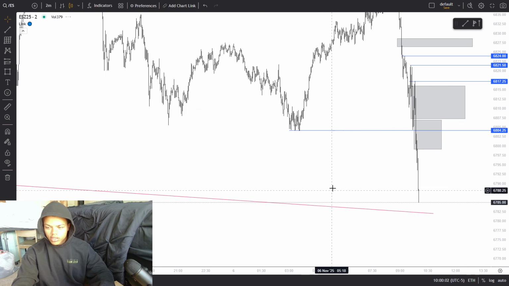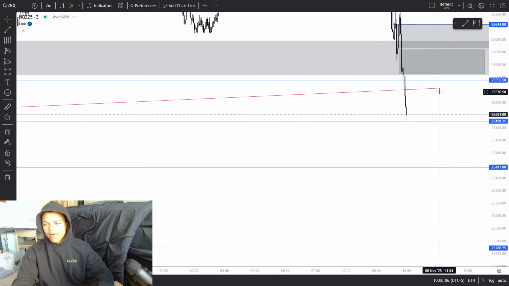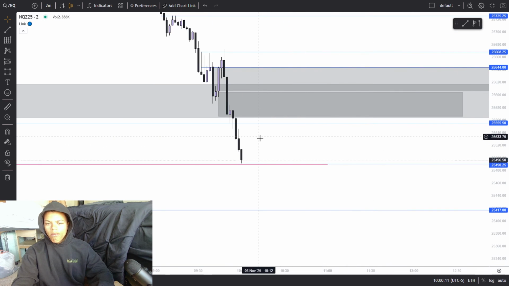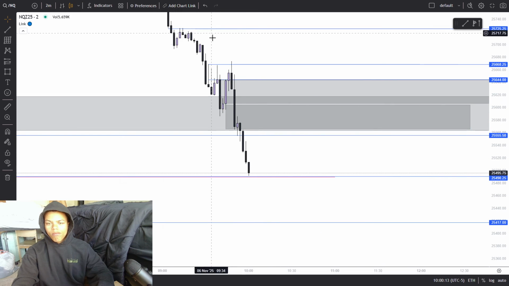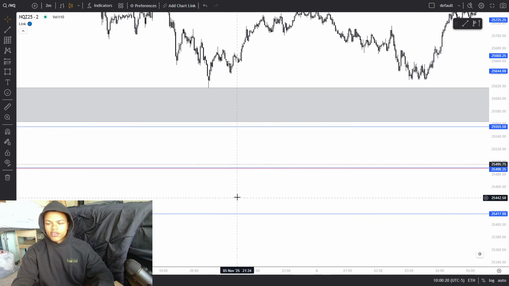It looks like we're just pushing lower to this SMT divergence to create this SMT. May just take out this low here.